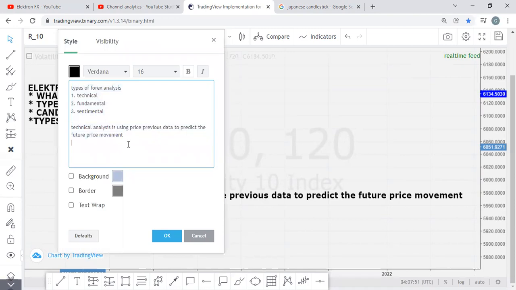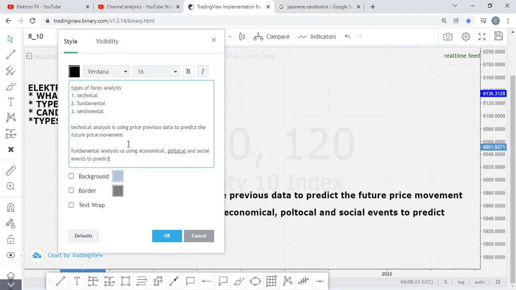And then the fundamental. Fundamental analysis is simply using economical, political, and social events to predict price.